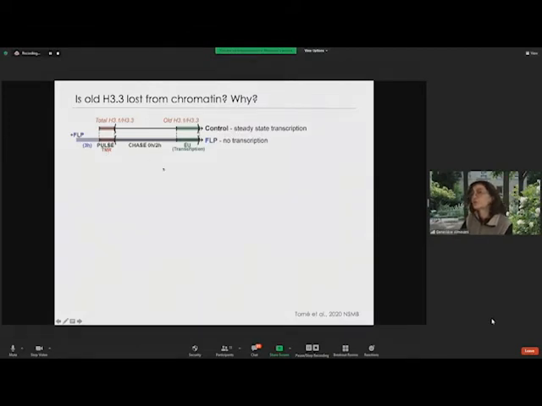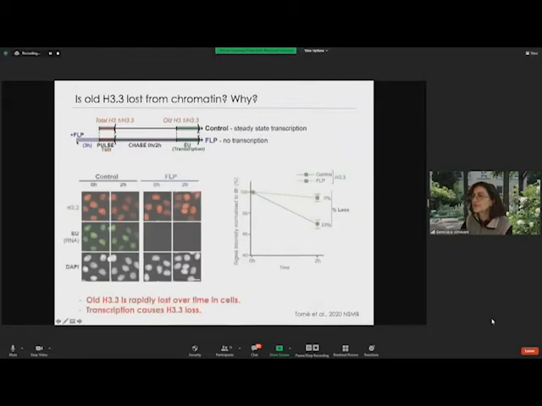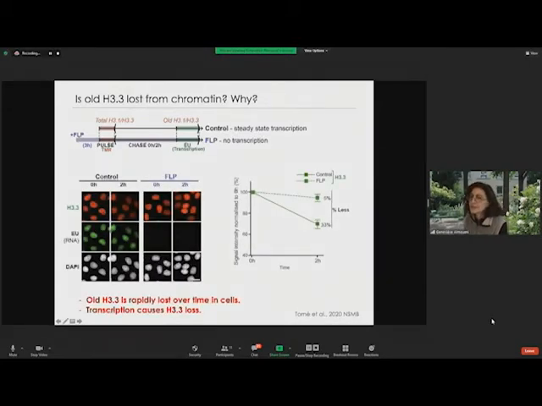And so she can do that with or without transcription using flavopiridol as an inhibitor. And as you can see here, you have here the EU incorporation. Following the inhibition of transcription, you see that it is basically largely dropped.